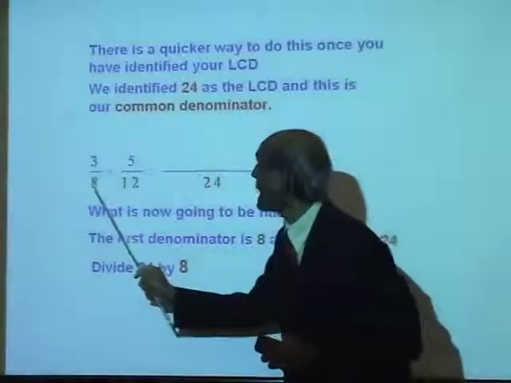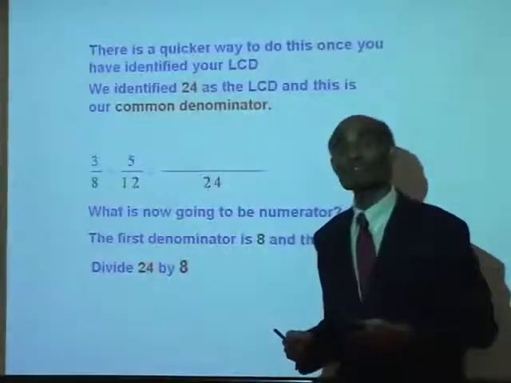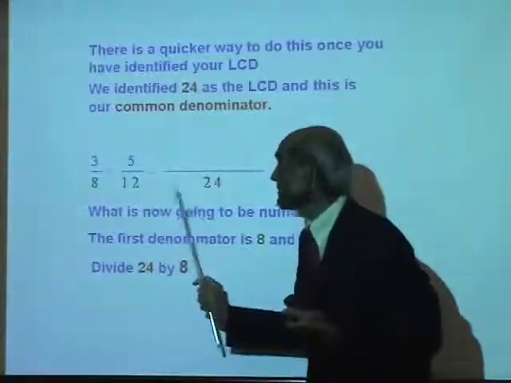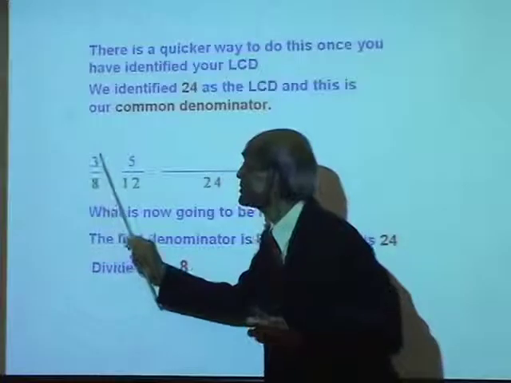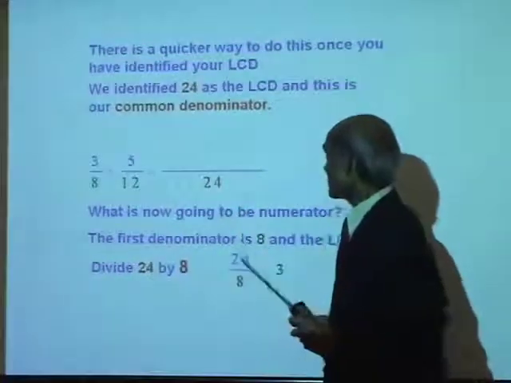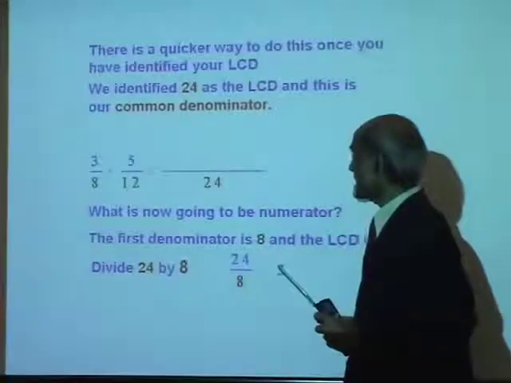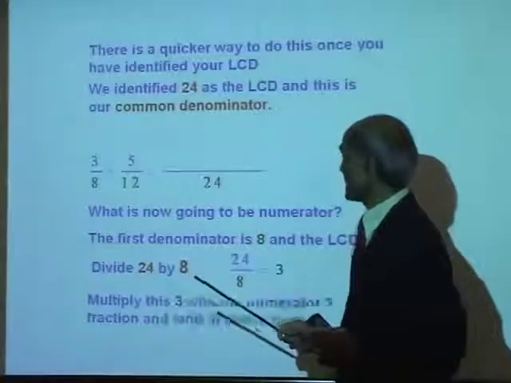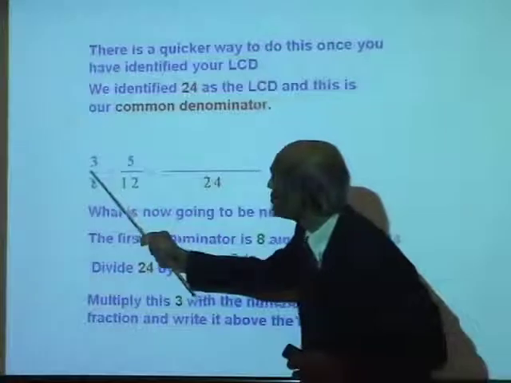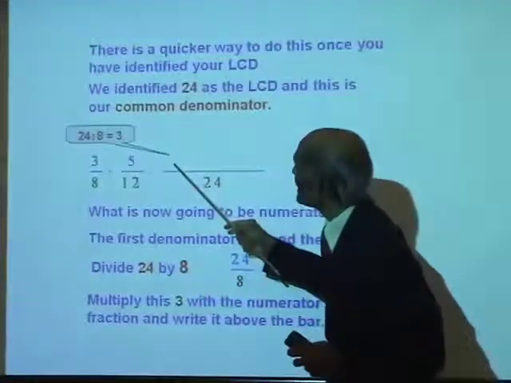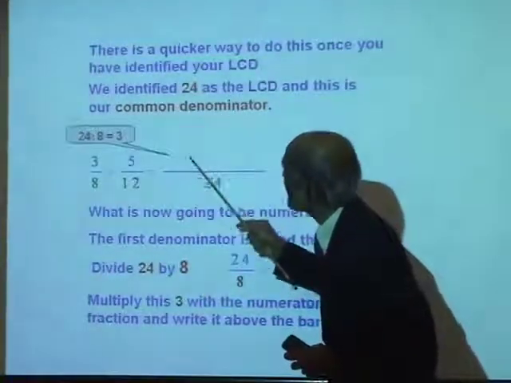Divide 24 by 8. What do you get? 3. And that 3 you multiply with the 3 on the numerator. There you are. So 24 divided by 8 equals 3. And multiply this 3 with the numerator 3 and write that result there.